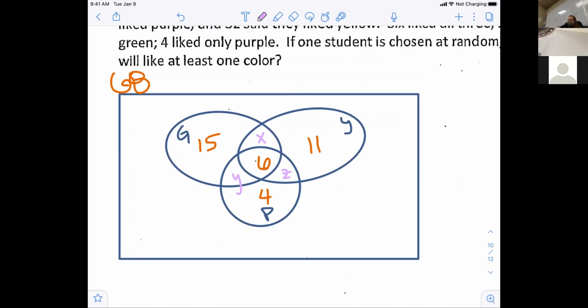Try and set up your equations. Remember, we just go one box at a time. So I do all my green guys, and they add up to be 43.